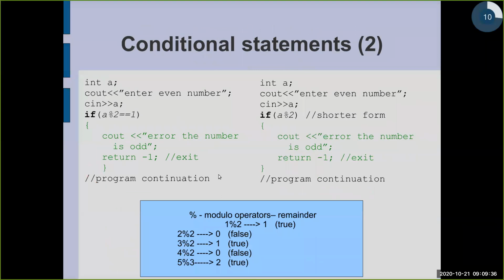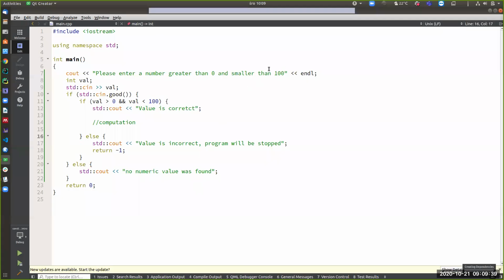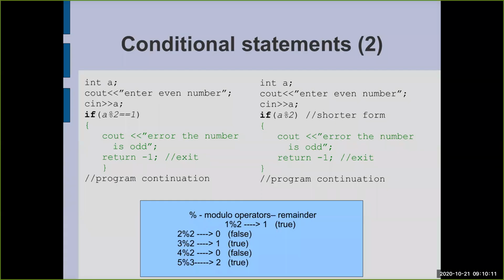But now I'd like to extend this, and I'd like to ask the user to enter a number, let's say an odd number. So it should be odd, it should be greater than 0 and smaller than 100. So how to verify whether the value is odd or even?